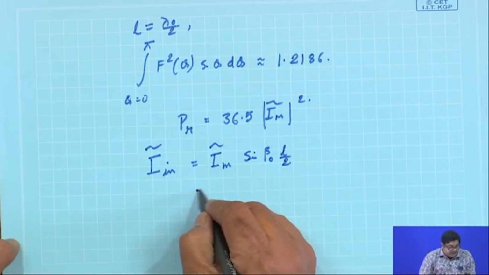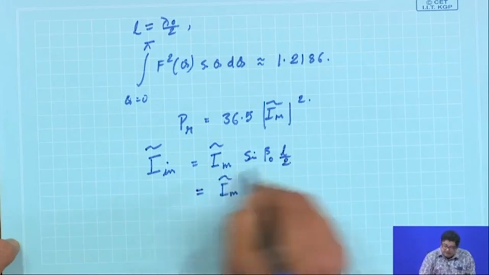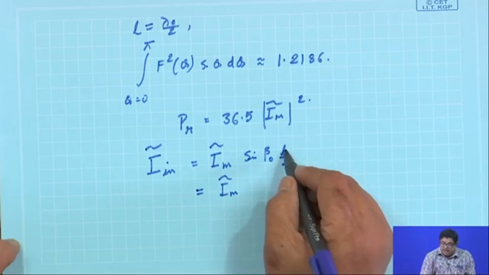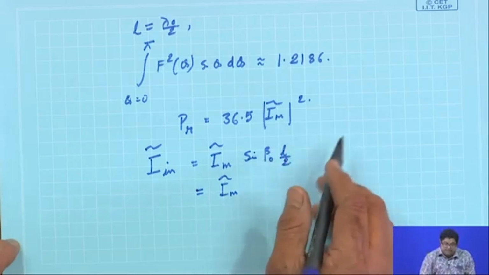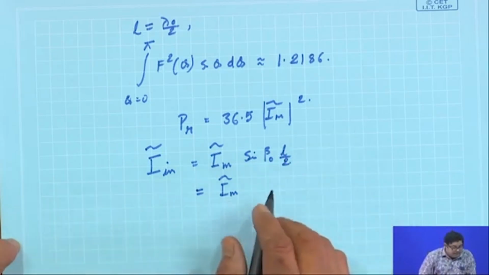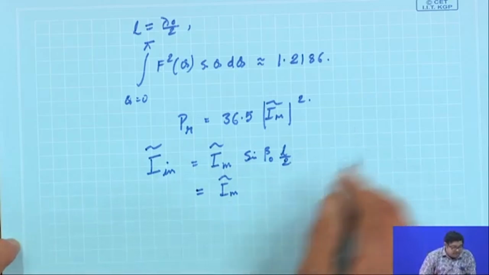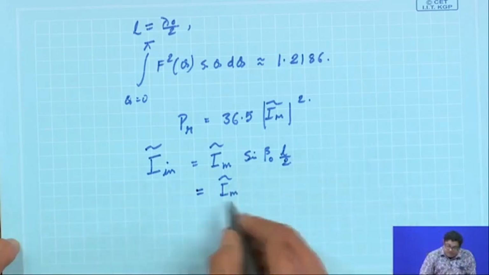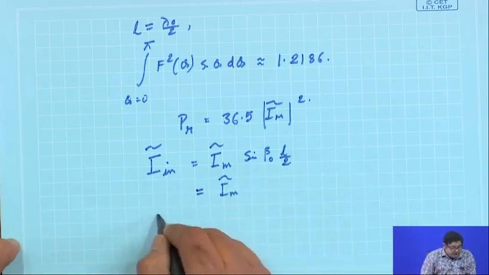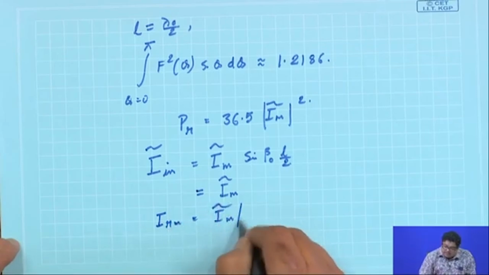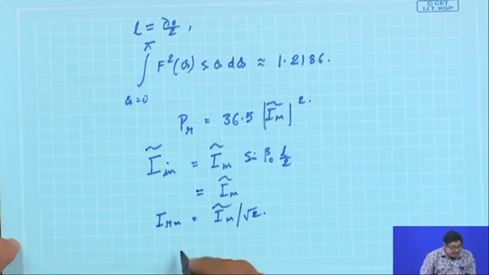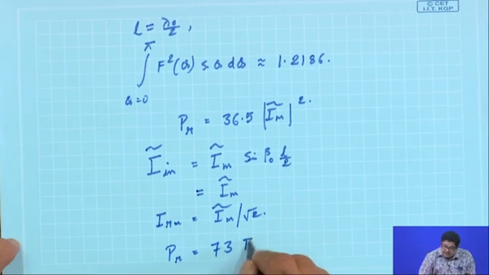That is nothing but Im, because L is lambda naught by 2 and beta naught is 2 pi by lambda, so you will see sin pi by 2. So Im is our maximum value, and the RMS value of this, I RMS, will be Im by root 2. That means we can write P R is 73 I RMS square.